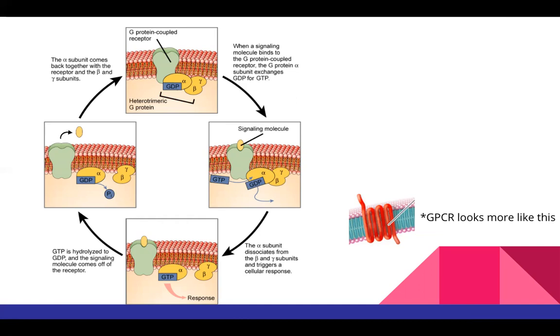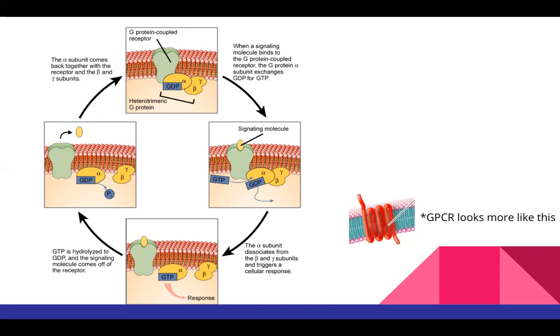And so again, there is a signal that binds, and that'll cause the G alpha to exchange GDP for GTP. So thus the G protein coupled receptor acts as the GEF analog. And then the alpha subunit will dissociate from the gamma and beta subunits, which will trigger some type of cellular response.